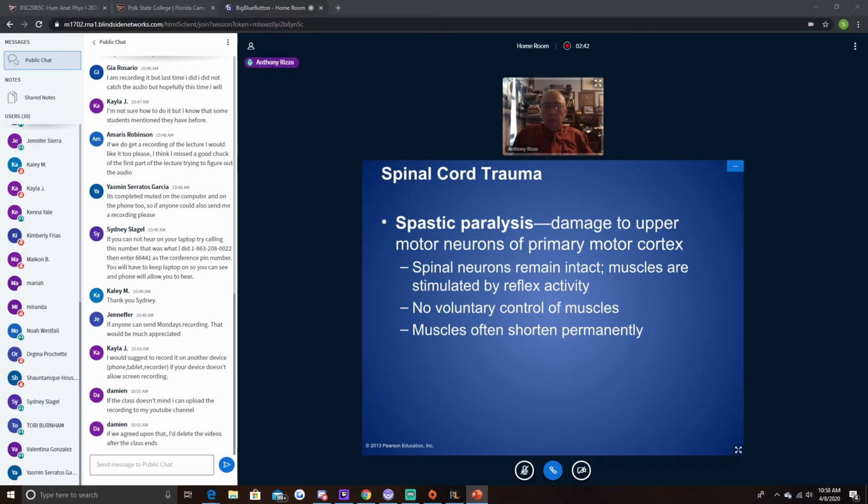If that upper motor neuron is damaged, the lower motor neuron is intact, then the person's paralysis will be spastic. If a person has a lower motor neuron injury, so that nothing is going from your cord to your muscle, then the person will have flaccid paralysis.